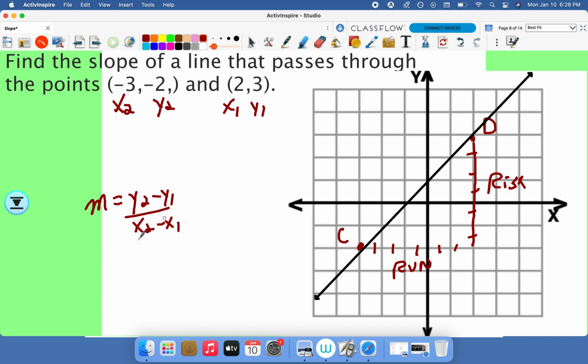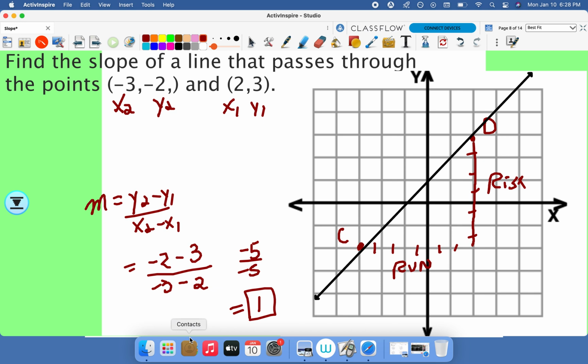Going back to the formula, y2 in this case is -2, minus y1, which is 3, over x2, which is -3, minus x1, which is 2. If you calculate that, you get -5 on the top and -5 at the bottom. What's -5 over -5? It equals 1. So notice we get the same answer.